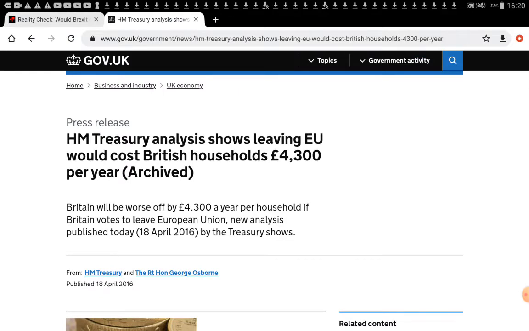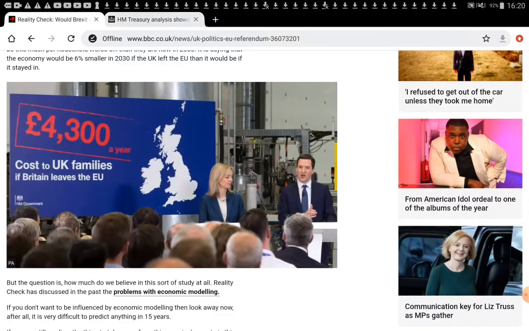But we know that economic forecasts, even for short-term periods of around a year, can be wrong, and it's not unusual for them to be rejigged after just a few months. So there is absolutely no way that you can put a figure on what GDP would be in 15 years' time.